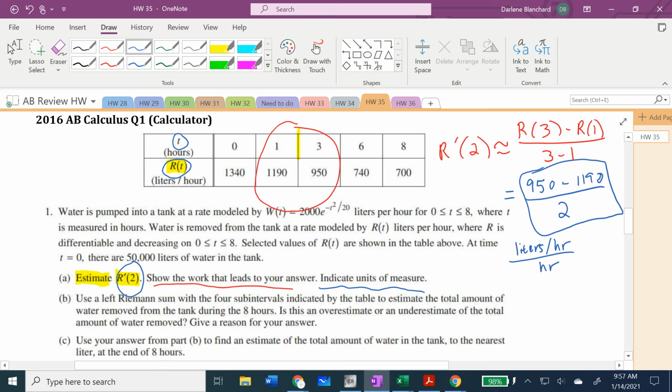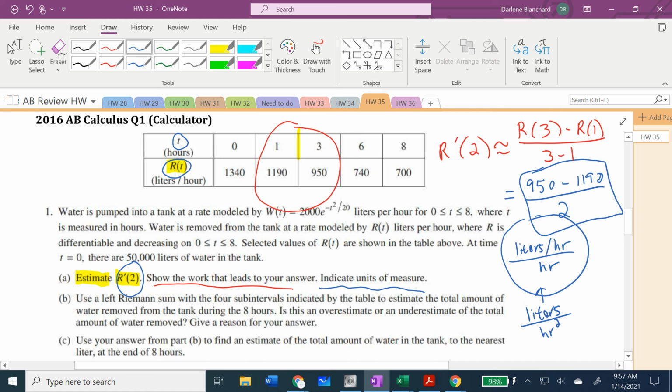And you can write it with the word per, P-E-R, and go liters per hour, just anything that means this. All right. That was worth a total of 2 points, one for the estimate and one for having the correct units. You can also write liters per hour squared if you don't want to write it. Let me just write that down. You can write it that way as well.